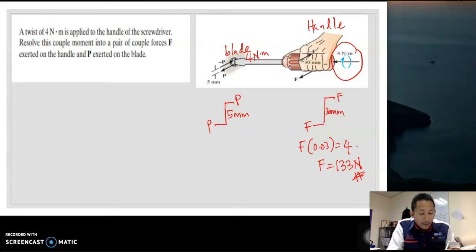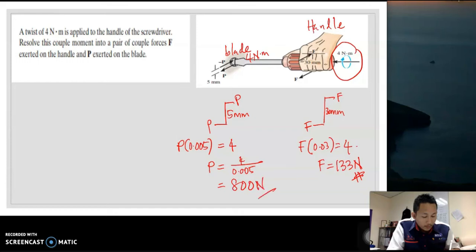So P times 0.005 meter is equal to 4 Newton meter. So P is equal to 4 divided by 0.005, P is equal to 800 Newton. Okay, so we have calculated our P and F.